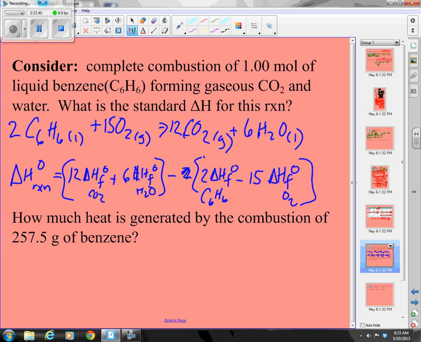But we all know that the standard heat of formation of oxygen is 0.